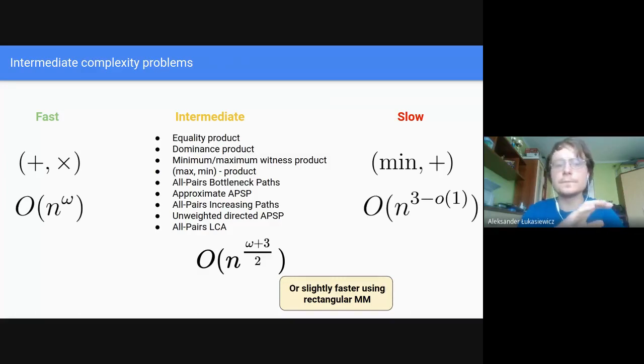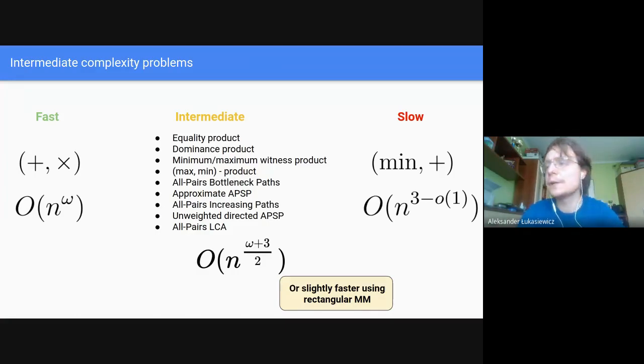At the very first glance, they don't really seem to be related with each other. However, the interesting thing is that for all of them, the running time of the best known algorithm that we have is n^((ω+3)/2), which is actually the geometric mean of n^ω and n^3.